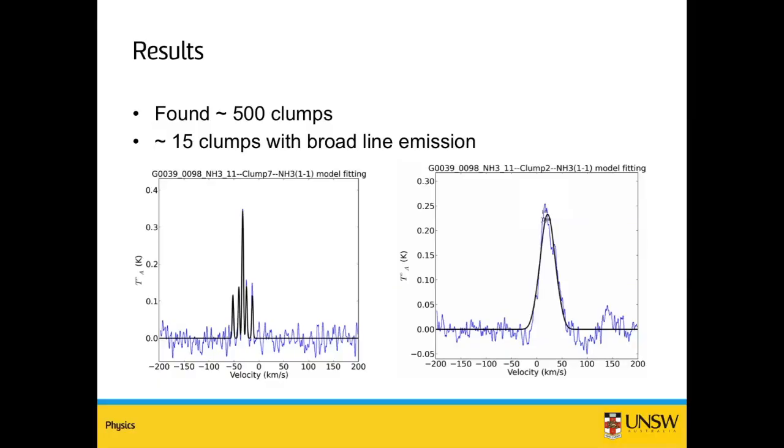If you remember, the ammonia spectrum looks like 5 fingers. This is one of the clump spectra, how it looks. And then I fit it with a model, to show what the satellite lines and the main line look like. Some of the clumps, around 15 among all those 500, show really broad spectra.